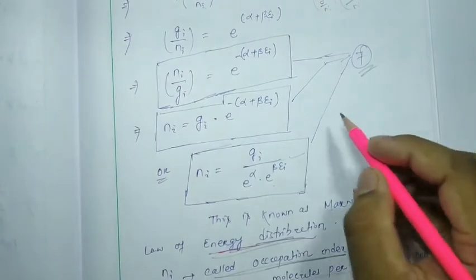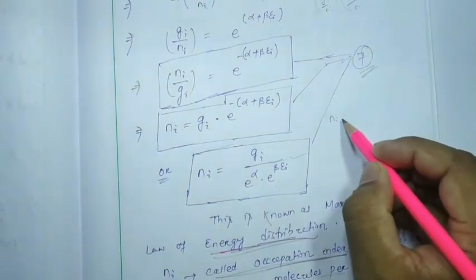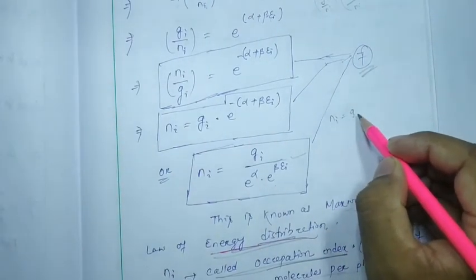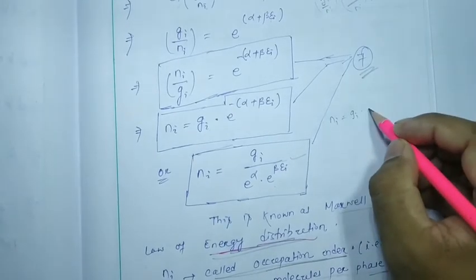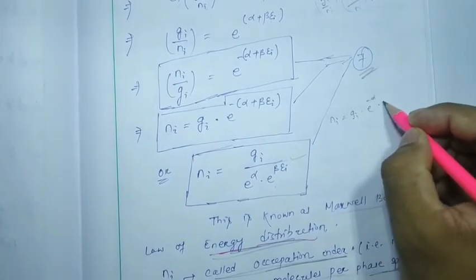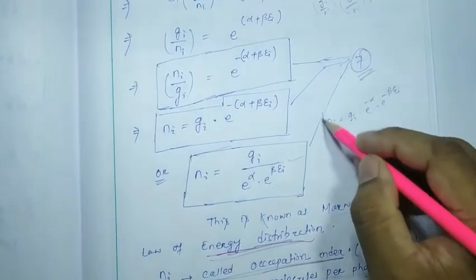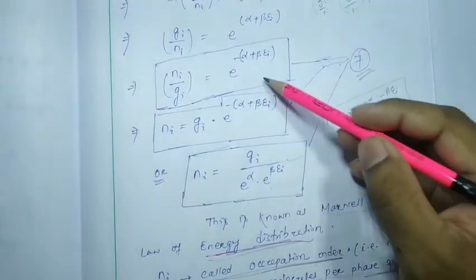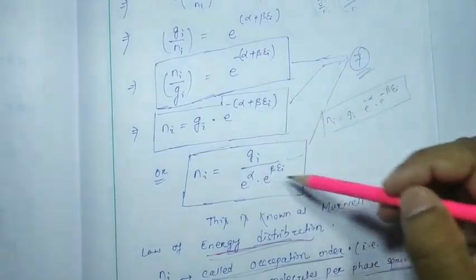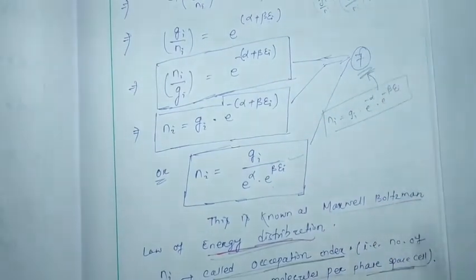This also can be written as ni equal to gi into e to the minus alpha into e to the minus beta epsilon i. So any of these 4 forms belongs to equation number 7.